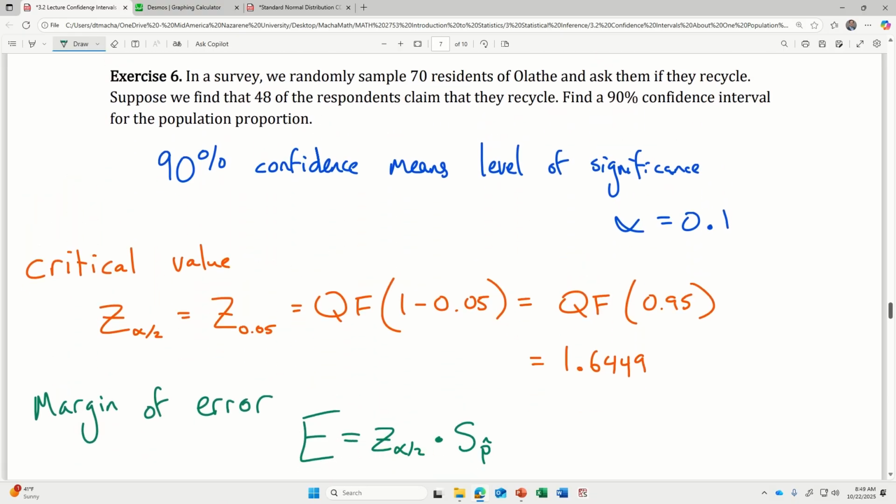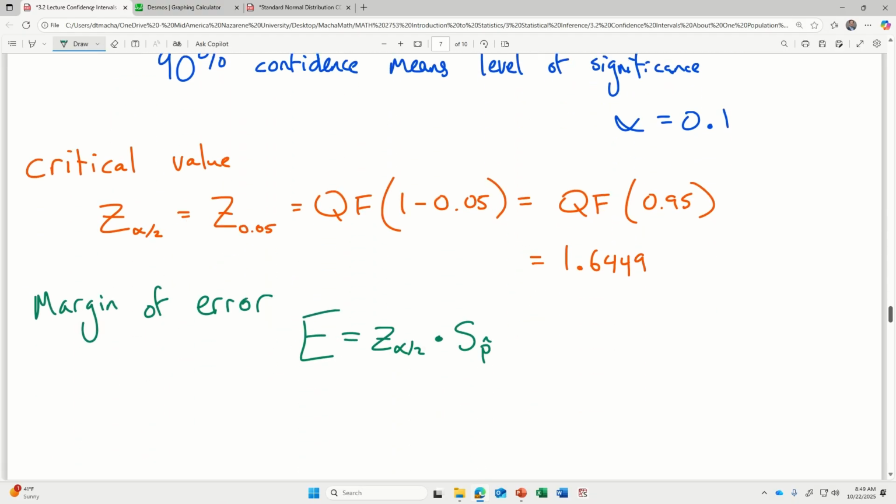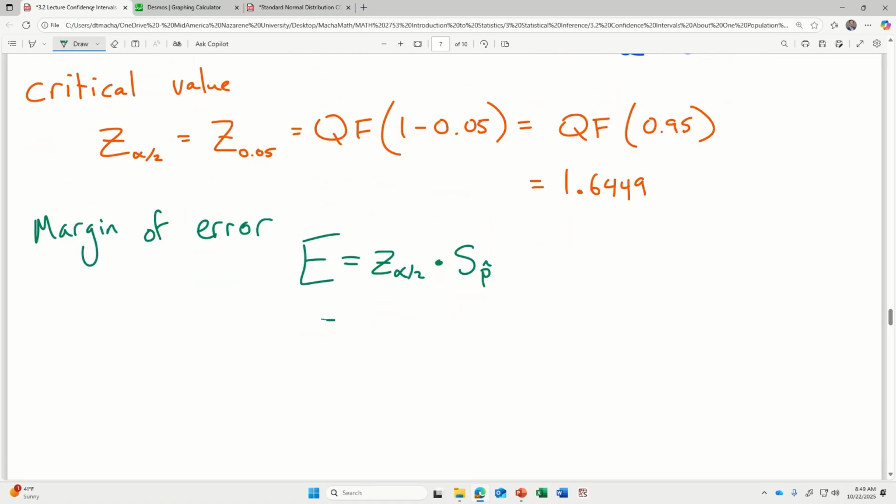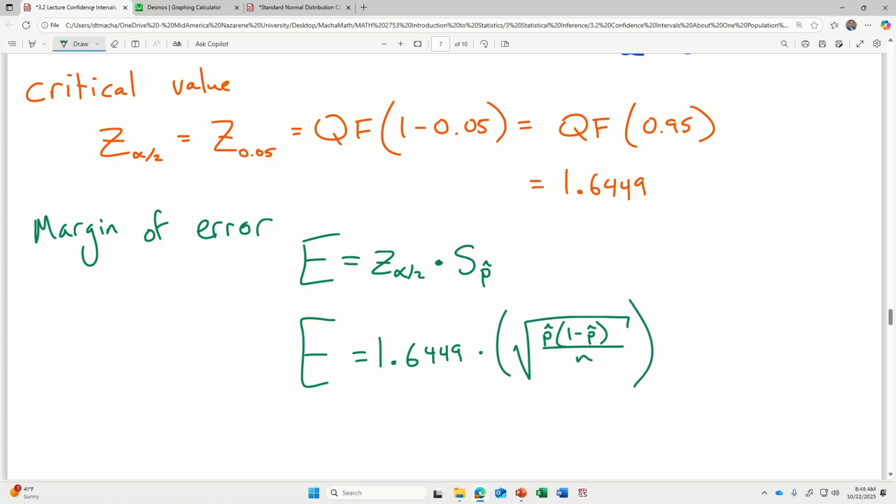The standard error of my sample fraction would be the square root of p hat times 1 minus p hat divided by n. By the way, what is p hat? That'd be 48 over 70. That's my sample fraction, and I got those numbers from the problem. 48 out of 70 total is 0.6857.